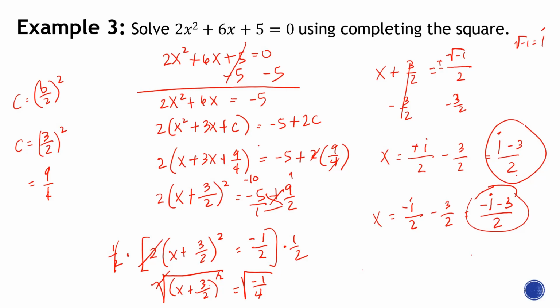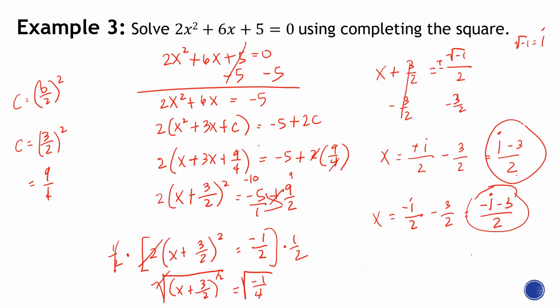So we have here imaginary roots. Definitely you cannot factorize that. You can use the quadratic formula, and we will still come up with the same answer. So if you want to try that, please try that. By the way, I also have a video about solving quadratic equations using the quadratic formula, so if you want to check that out, please check that video.